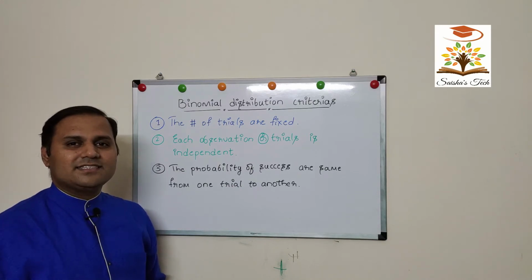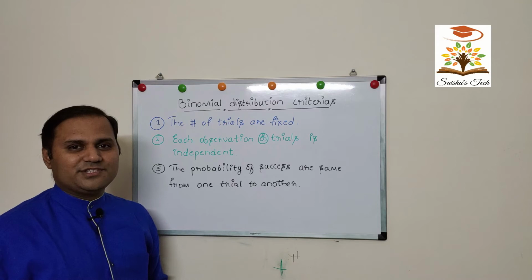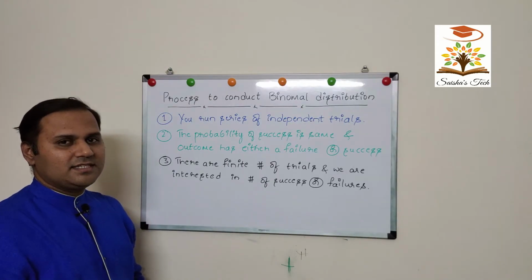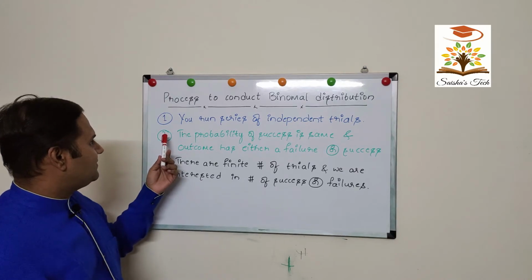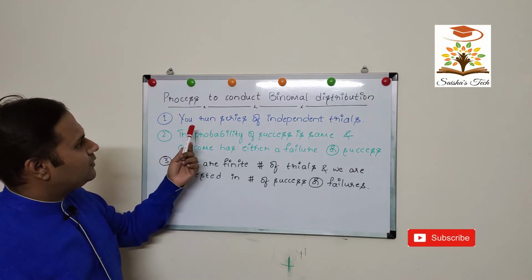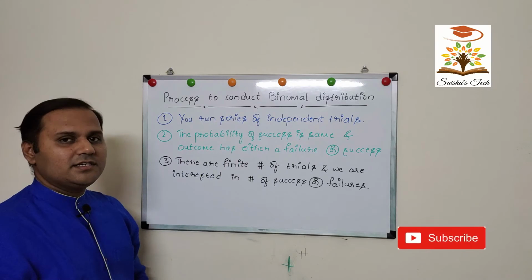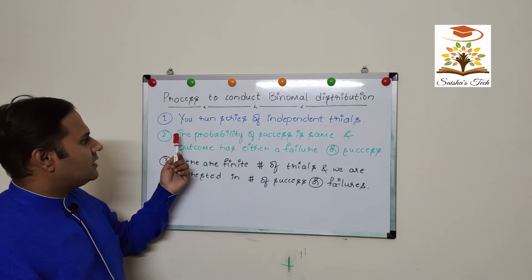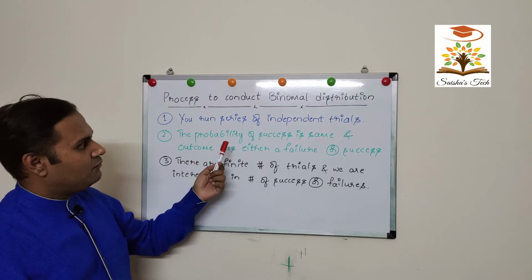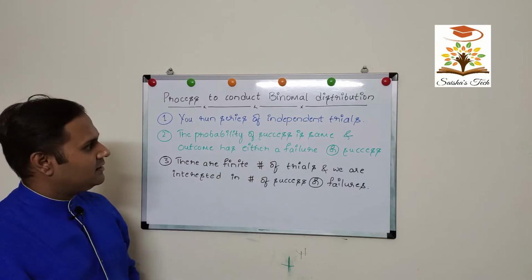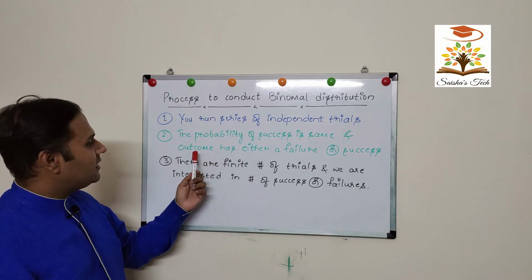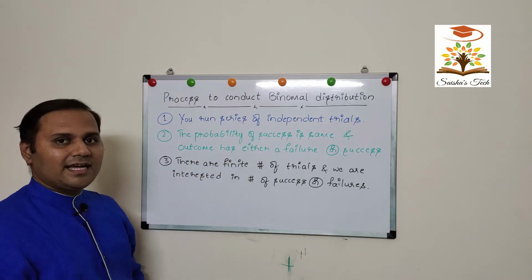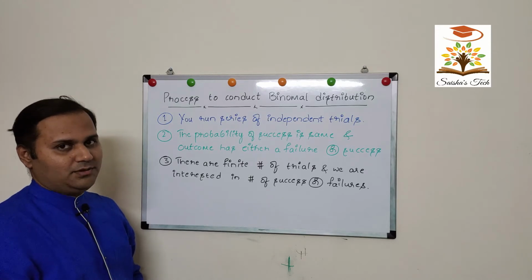Now let us understand the process to conduct a binomial distribution. The process has 3 steps. In step number 1, you run a series of independent trials. In step number 2, the probability of success for each independent trial is the same, and the outcome of each independent trial is either a success or a failure.